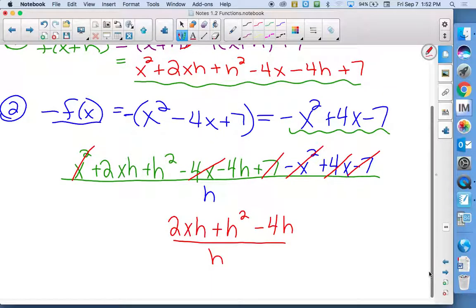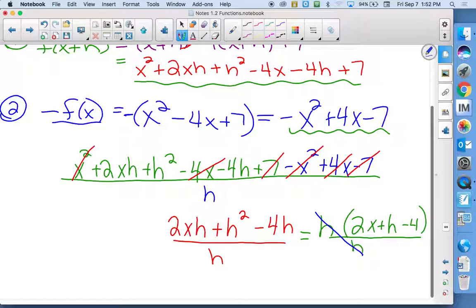Sabrina, do you notice anything with the expression that you have left? You can take an h out of each of them. Whatever you have left should have the part in the denominator in it. So she said take out the h. And then our h's cancel.